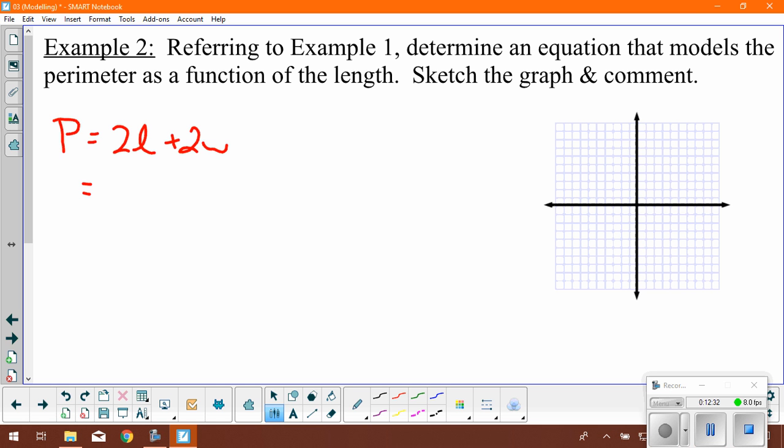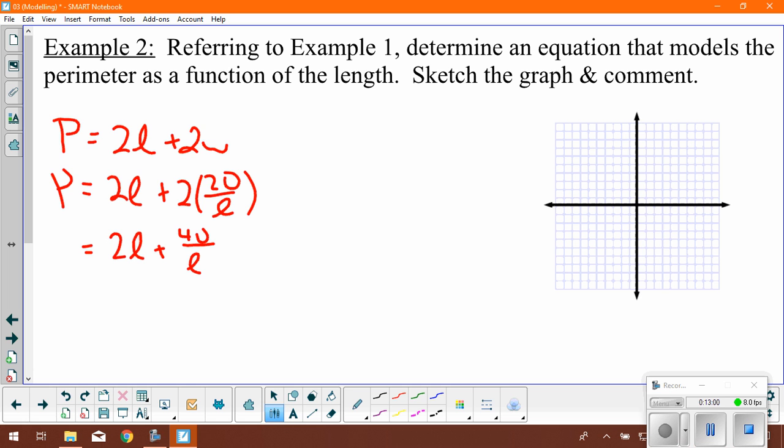But in our last example, we found an expression for width. So my perimeter is equal to 2 lengths plus 2 times 20 over the length. So we've got 2L plus 40 over L.